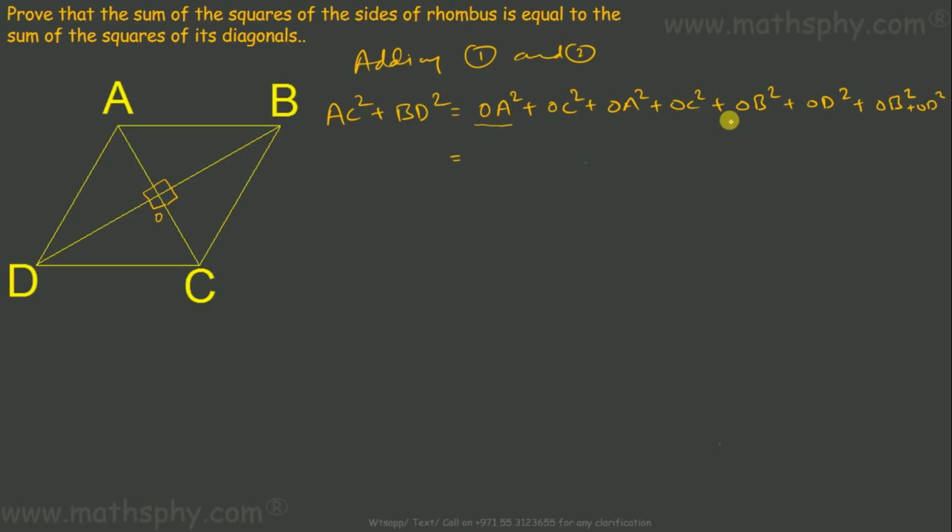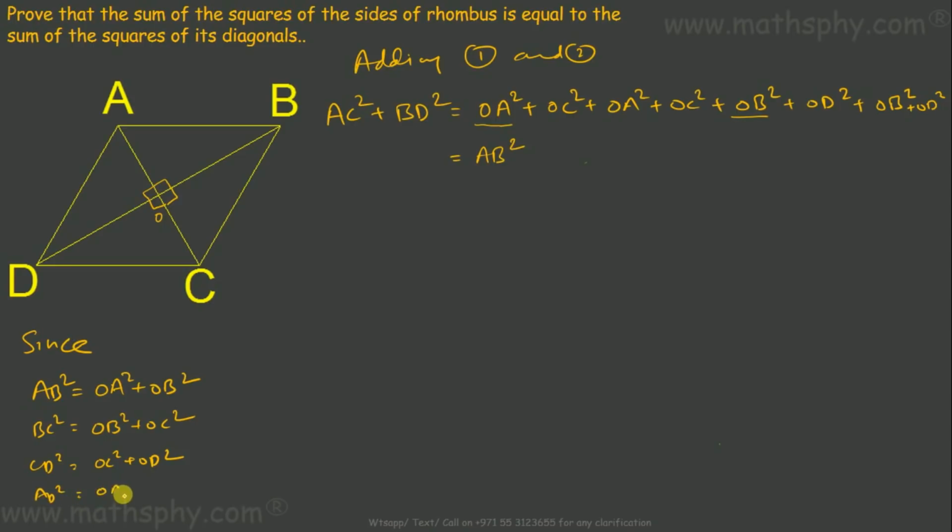So I'll write it as AB square, since AB square is equal to OA square plus OB square, same as with BC square is equal to OB square plus OC square, CD square is equal to OC square plus OD square, and AD square is equal to OA square plus OD square.